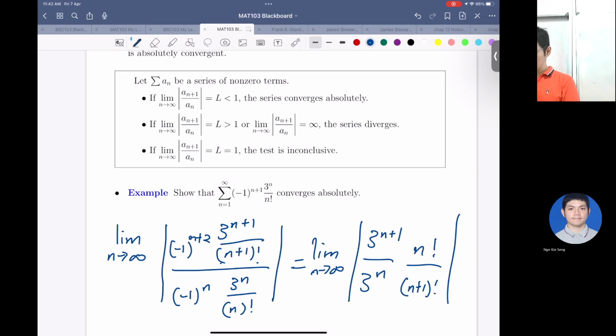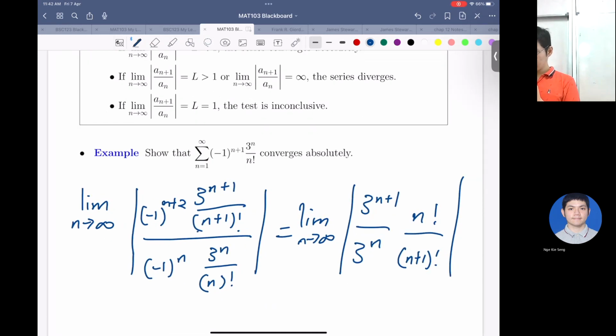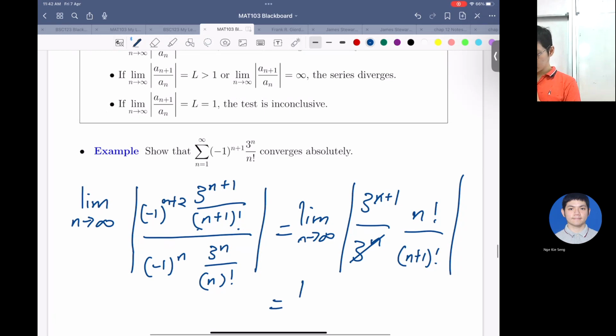Okay. So we can slash out the n, and then what we are left with is 3 over n plus 1.